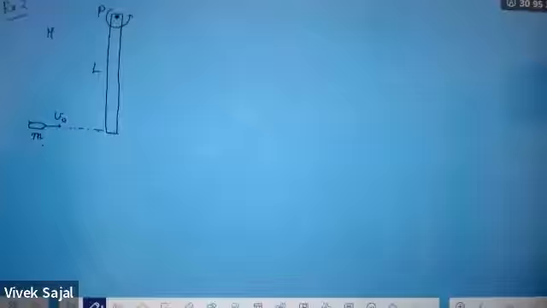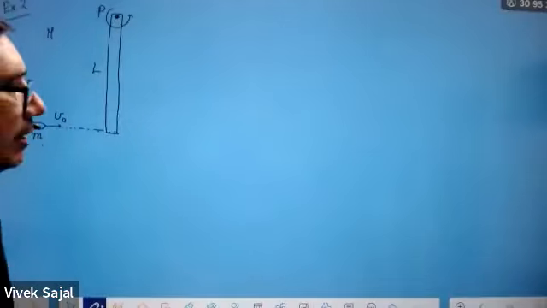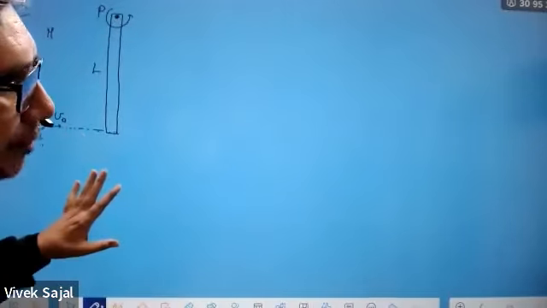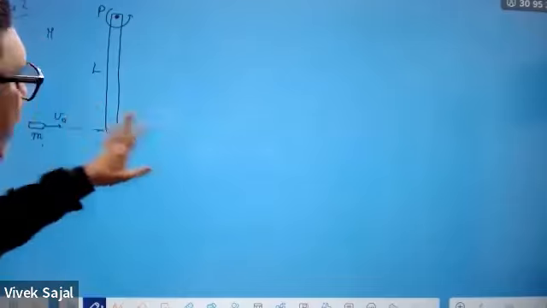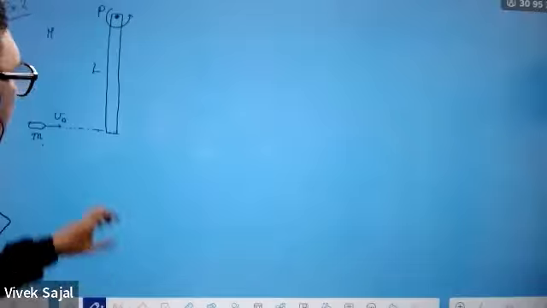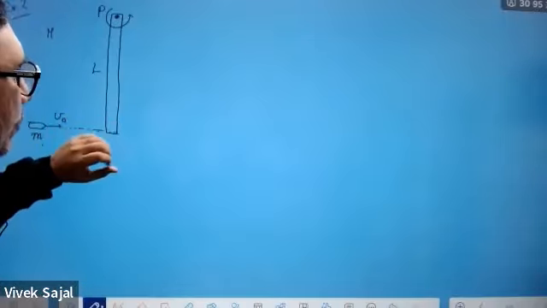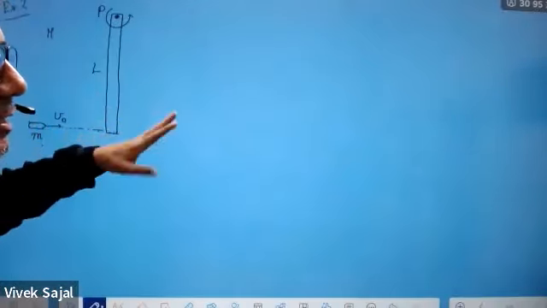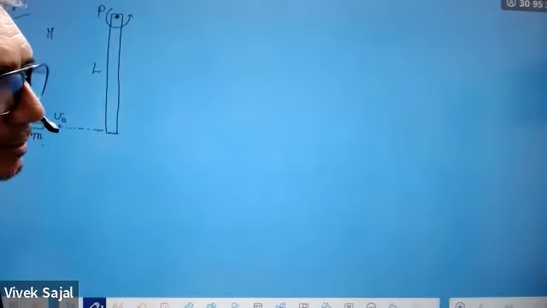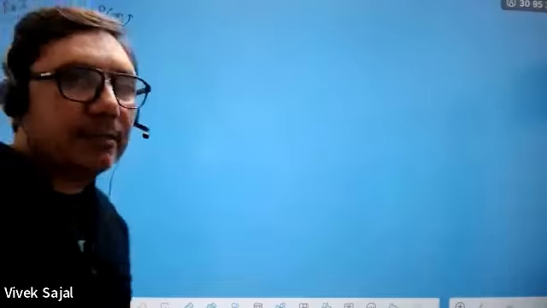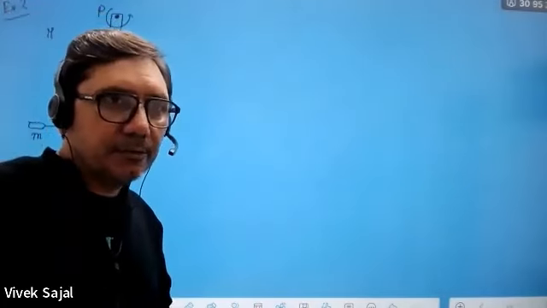You have to find out. Can anyone tell me? Here, try to understand: no external force is there, no external torque is there which can create a torque on this system. So the angular momentum of the system will remain conserved.